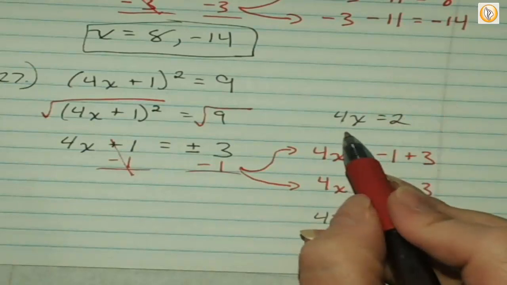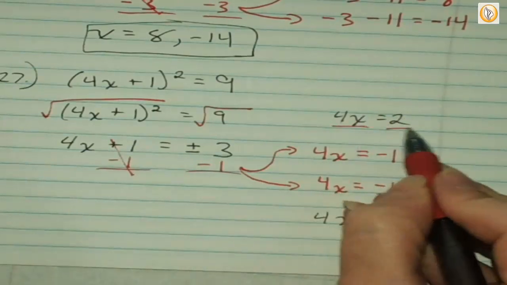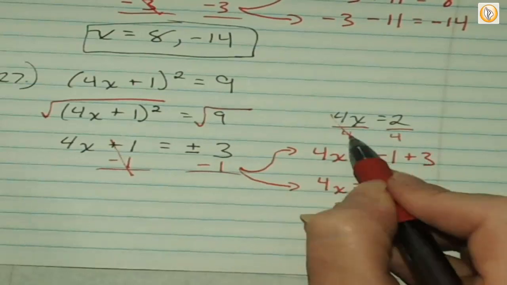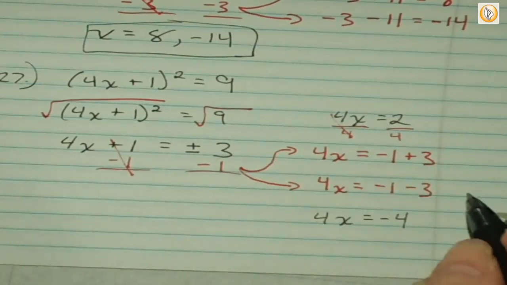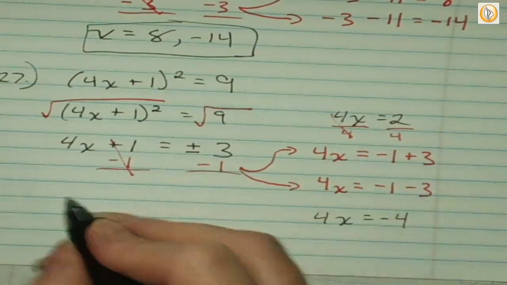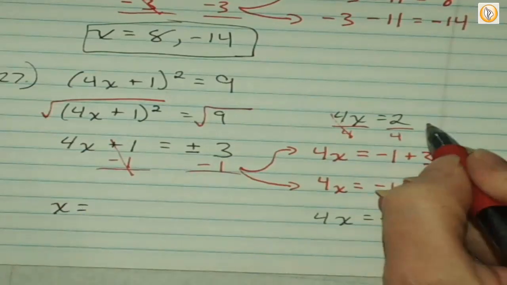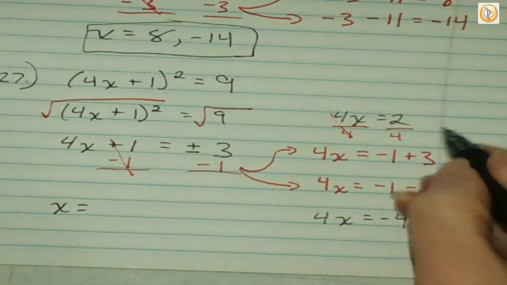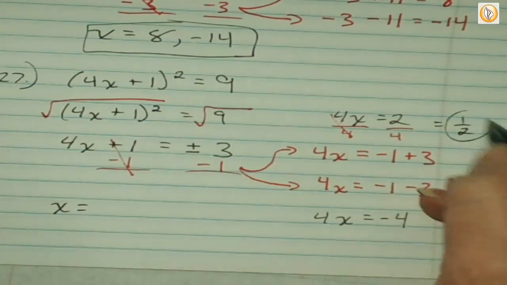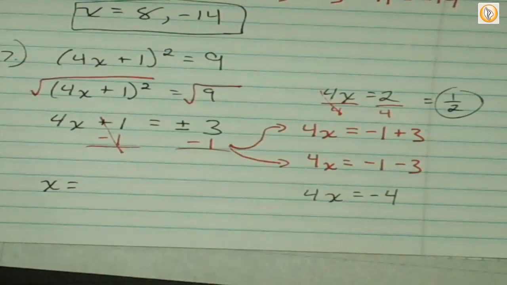What do I do to this one? Divide both sides by 4. And you get what? x equals 1 half. I'll write that right here. And then what do I do to this one?